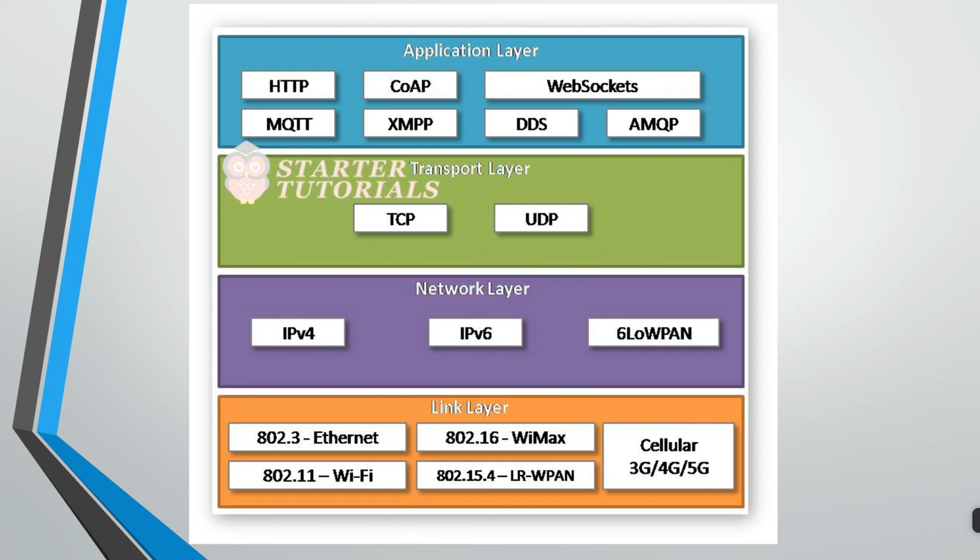So these are all working at a higher layer. When it comes to the transport layer, ultimately it is TCP as well as UDP which are working. And when it comes to the network layer, ultimately IPv4 as well as IPv6 are working. In addition to that, we have the 6LoWPAN protocol which works. When it comes to the link layer, the lowermost layer, all the various protocols which are discussed will work here.